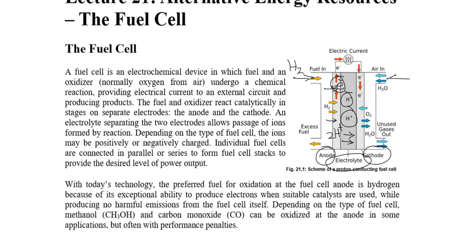Now when the positive ions reach the cathode, we would have some air in, or an oxidizer. In the oxidizer we normally have air, which has mostly oxygen. When the air comes into the fuel cell, it will catalytically react with the cathode, and there it will react with the hydrogen ions coming up and the oxygen to give H2O.